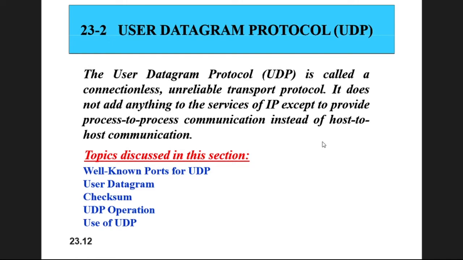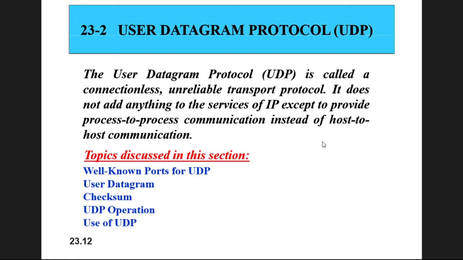This is connectionless, and so you can see the difference between TCP and UDP. TCP is actually connection oriented, but UDP, User Datagram Protocol, is connectionless. Here we have an unreliable transport protocol. Why is it unreliable?